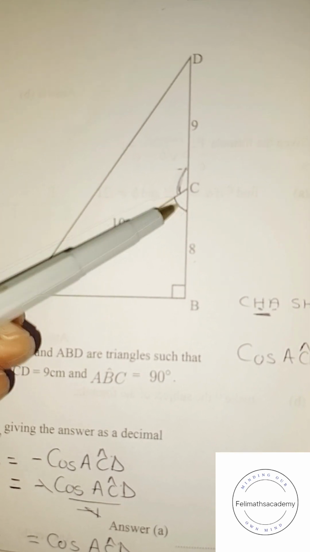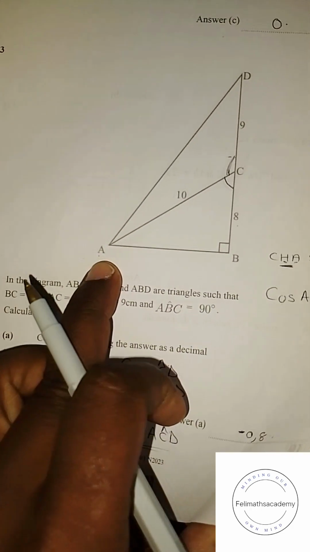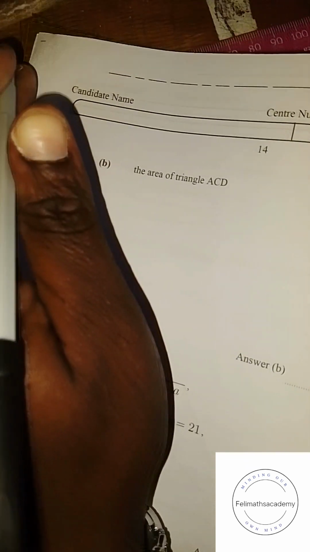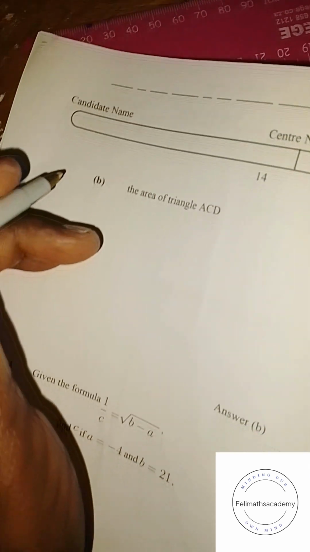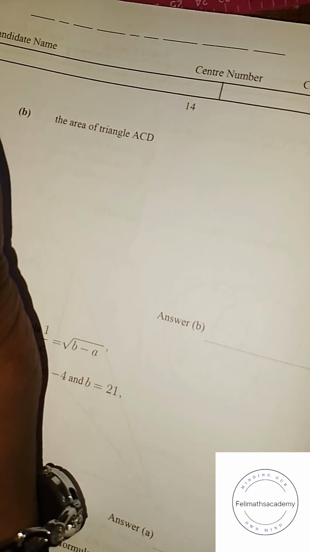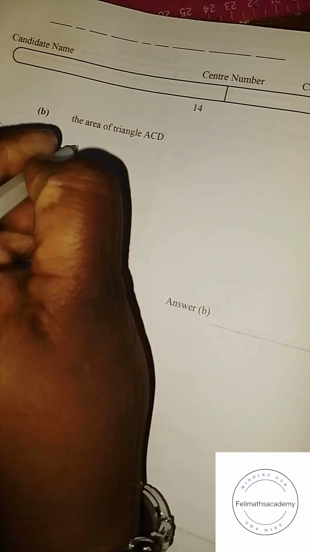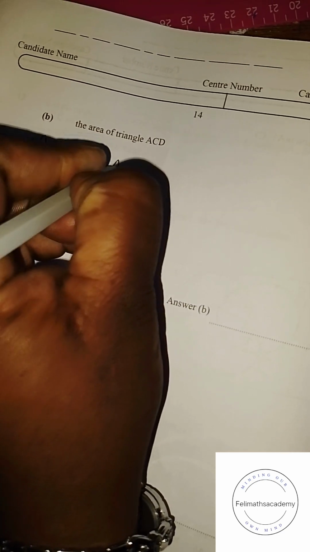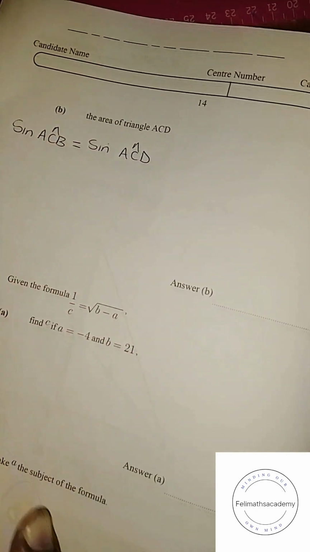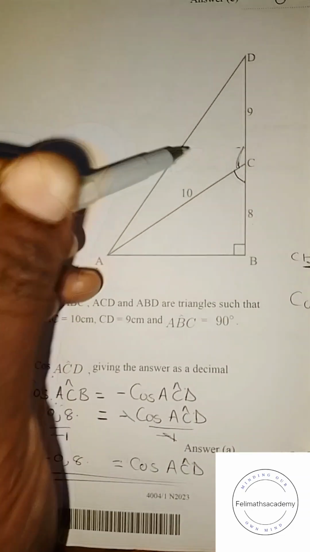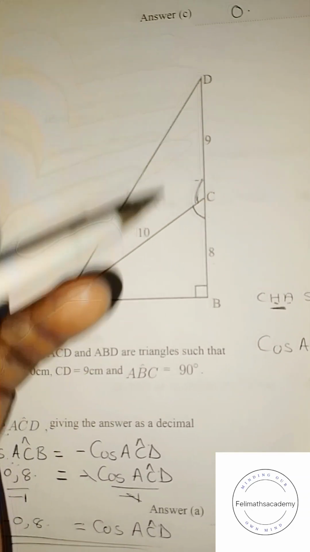So the sine of angle ACB is equal to the sine of angle ACD.